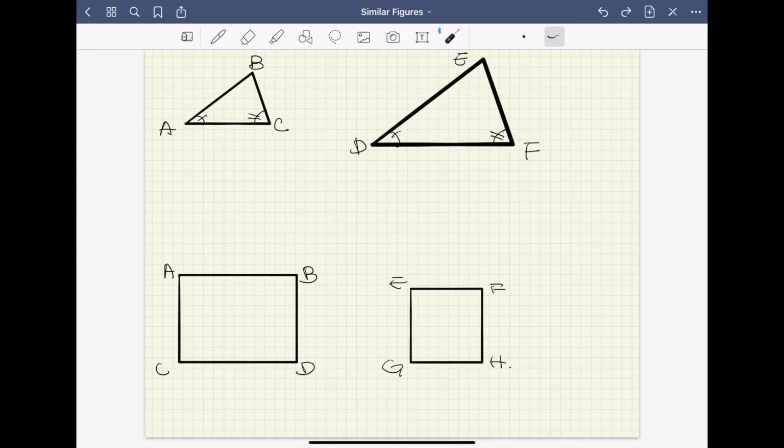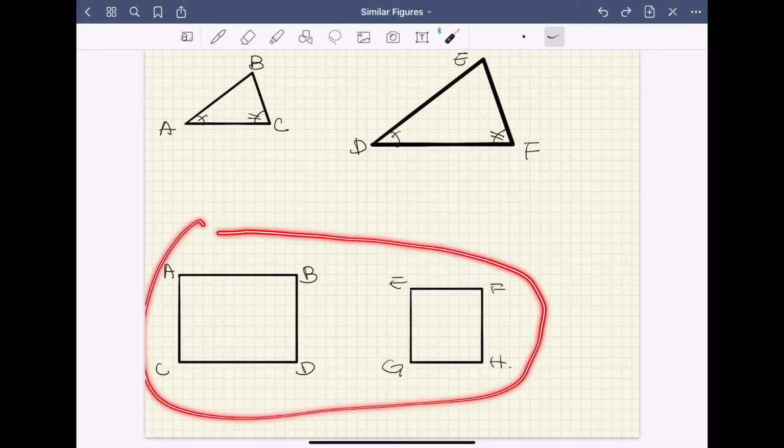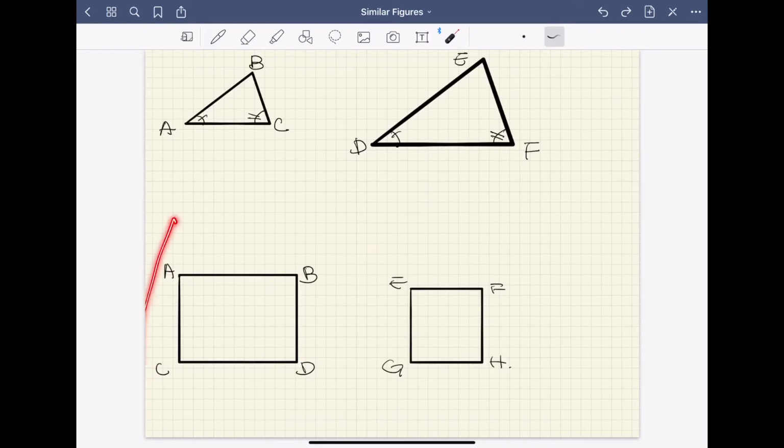It's different though for polygons. Let's say we take a look at these two figures. If the question tells you that these two angles are right angles and these four angles are right angles as well, then we know the four corresponding angles are all right angles. They're all equal. But do you think that these two shapes are similar to each other? No. One of them is a rectangle and the other one is a square.